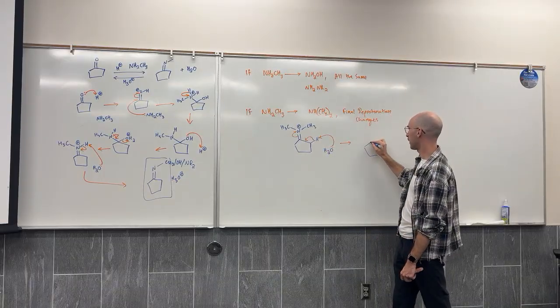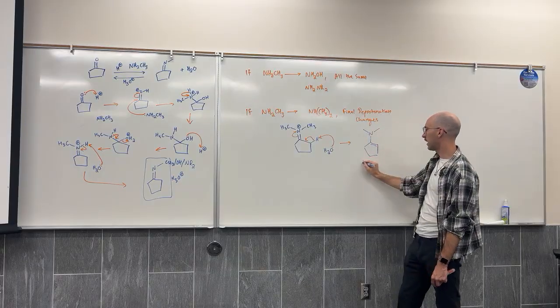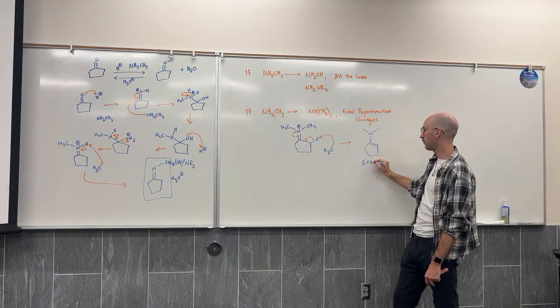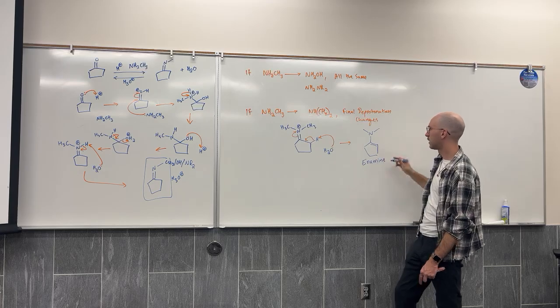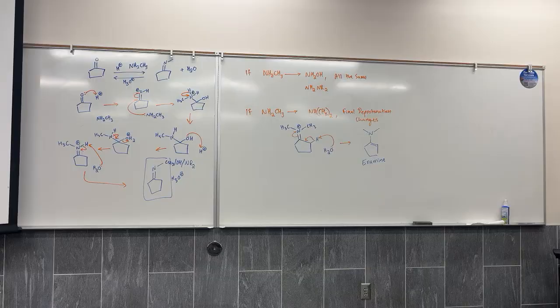It still satisfies the nitrogen's charge, but it does not form an imine, it forms an enamine. Why does the enamine form? It forms when nitrogen doesn't have enough hydrogens to lose.